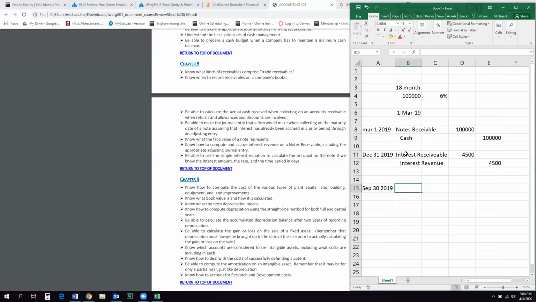Now I have to do this journal entry, and this is what they're saying you have to be able to figure out. You have to figure out what the total journal entry will be. So remember, you're going to get paid some cash. You're also going to get rid of that interest receivable account because they're not going to owe you anymore.